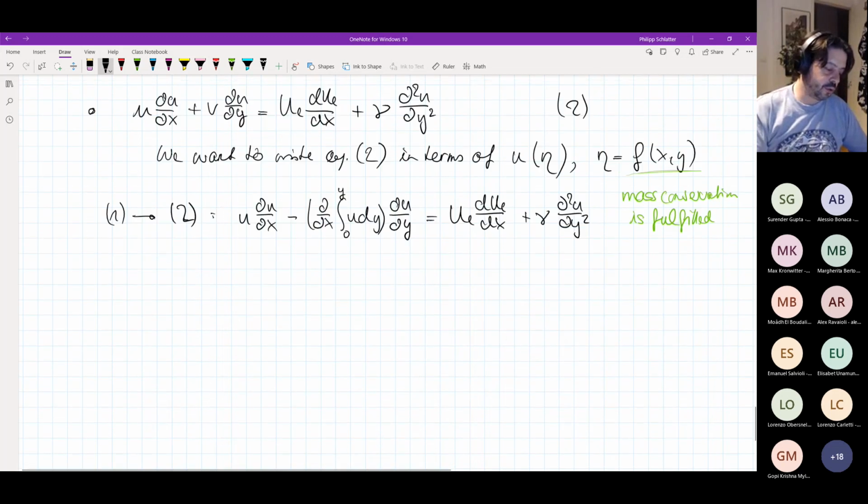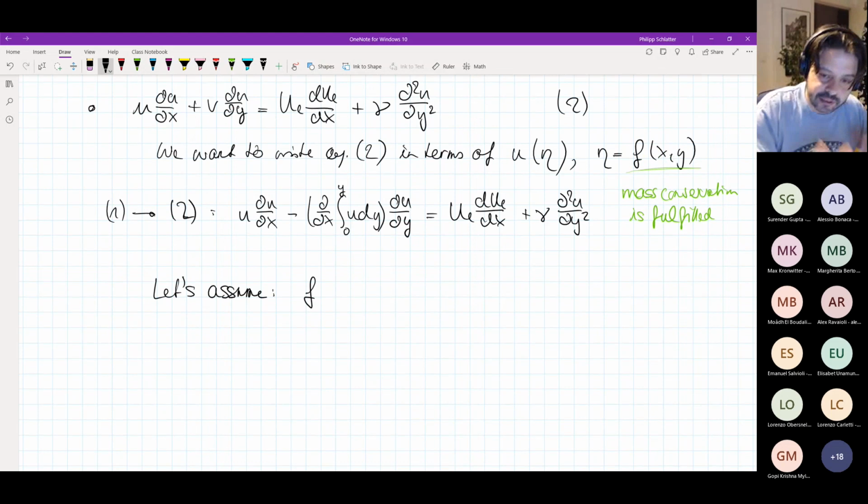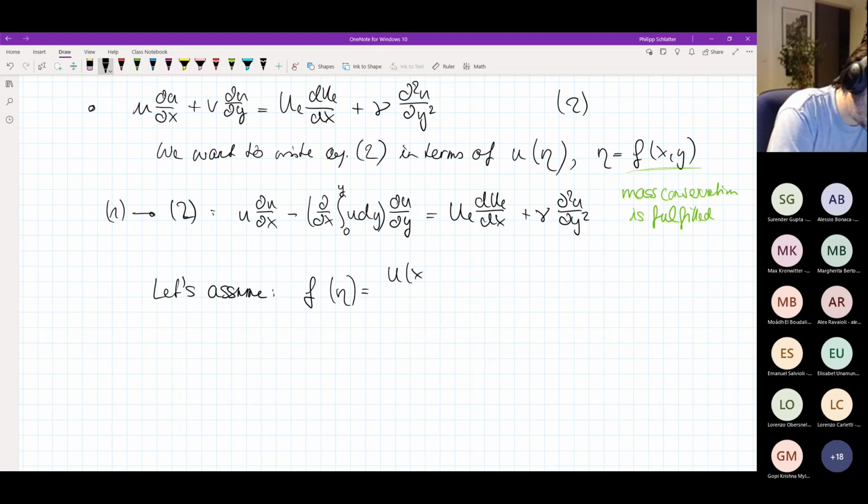So let's assume that f of eta, this similarity variable, would be something like u as a function of x and y divided by ue as a function of x.